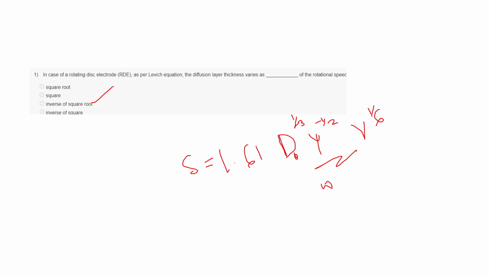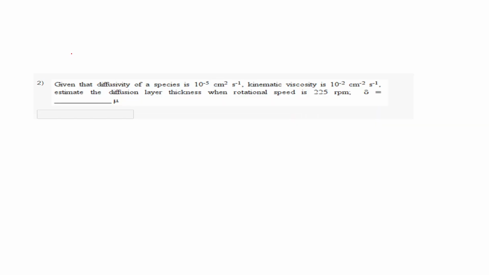Now the same equation you need to use, and you have to calculate del. So del is nothing but 1.61 D0 raised to 1 by 3, omega raised to minus 1 by 2, gamma raised to 1 by 6.